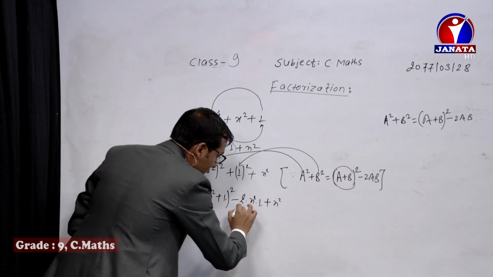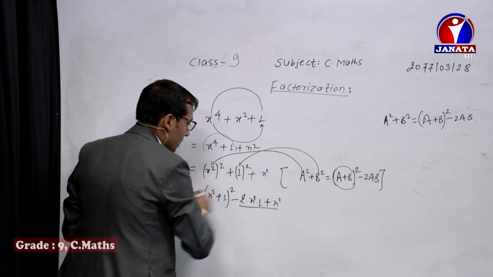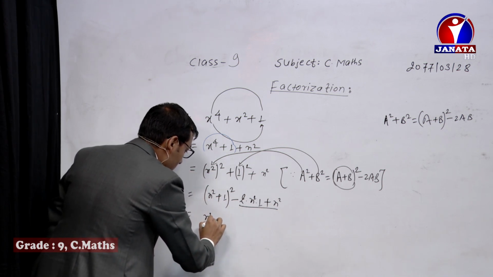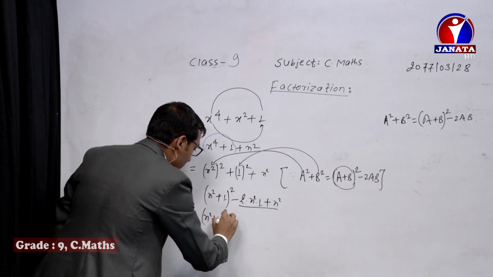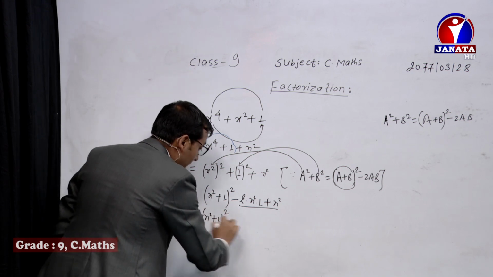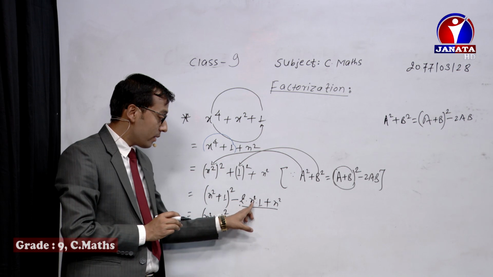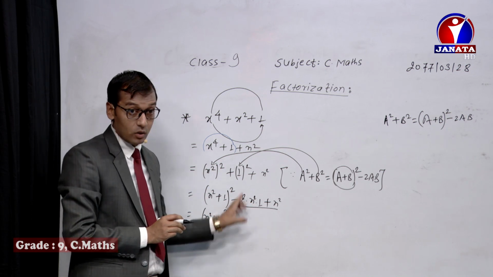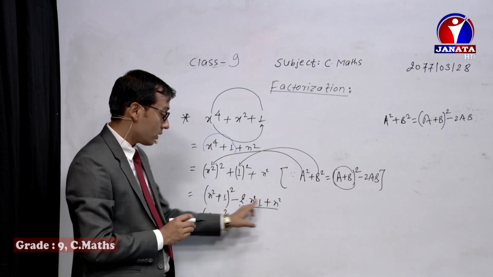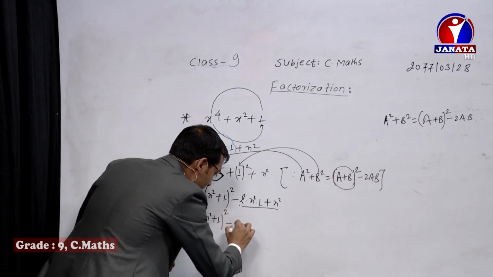Now we can subtract these two terms. The first bracketed term is the same: (x square plus 1) whole square minus 2 times x square times 1. This is 2x square, so minus 2x square plus x square is negative x square.